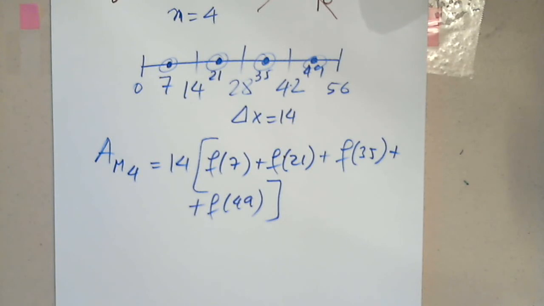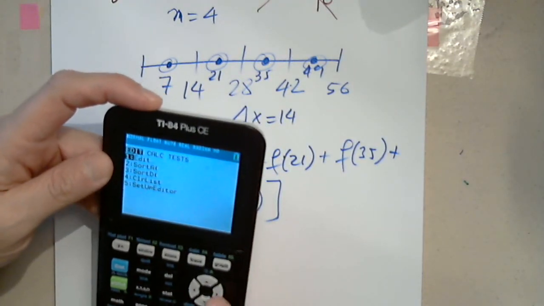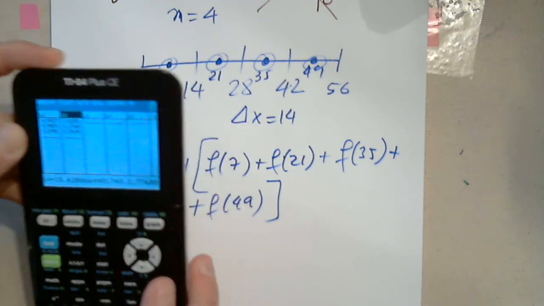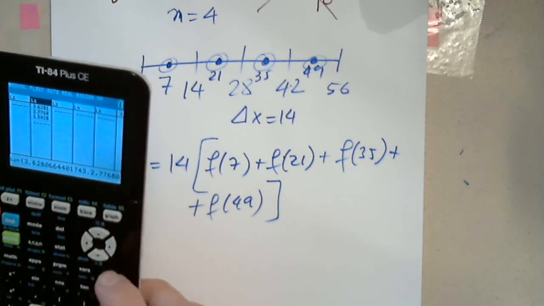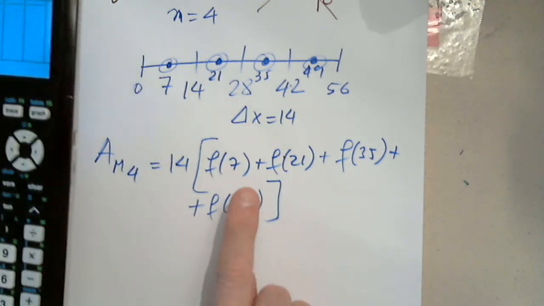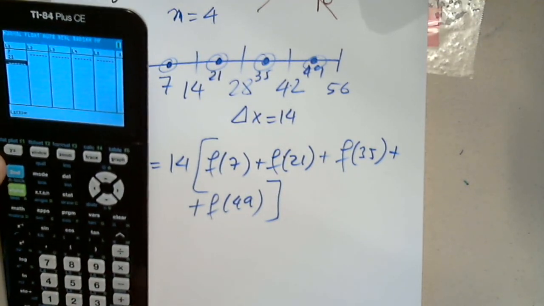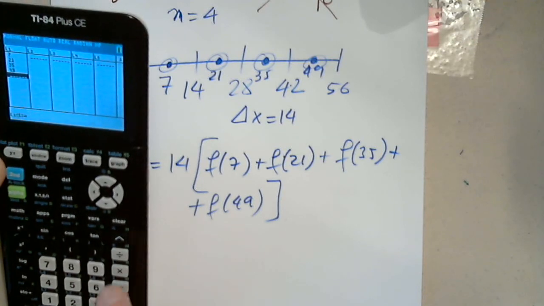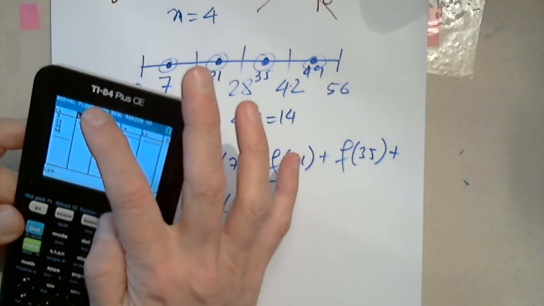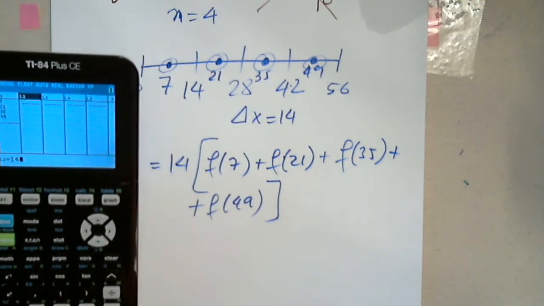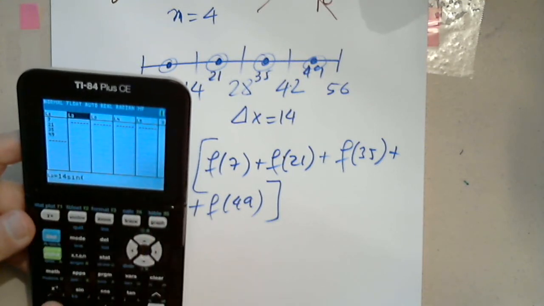Of course, I recommend the same method that we just did a minute ago. Go to lists, clear the lists, whatever you have. I will plug in, of course, 7, 21, 35, and 49. And of course, for the top of the list, 14, and then I have sine, and the square root.